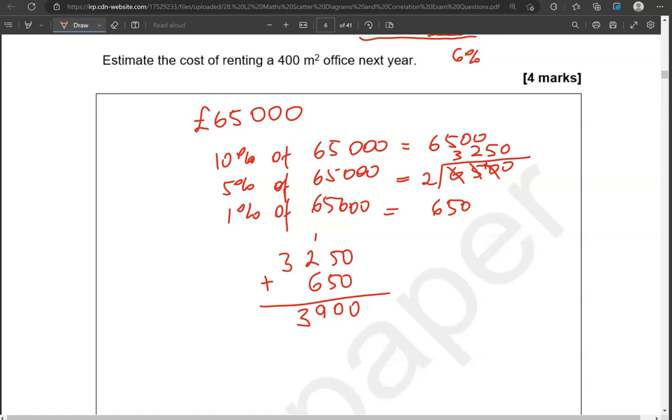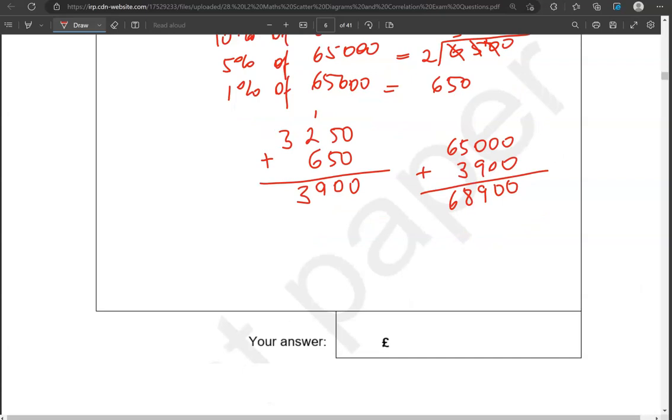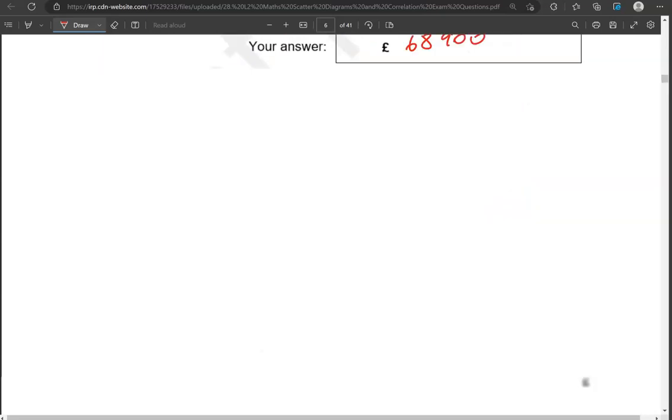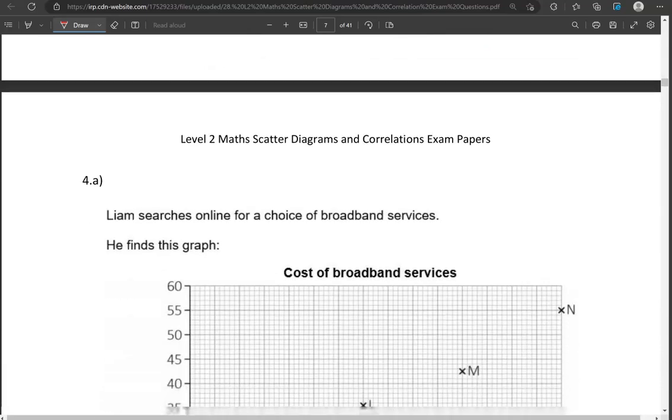So it's going to go on top of 65,000. So that is about £68,900 with the increase. Again, it's an estimate, so you could have slightly different answers there.